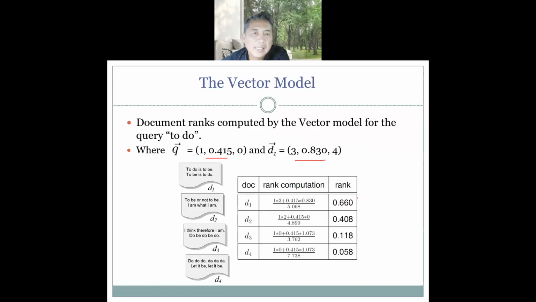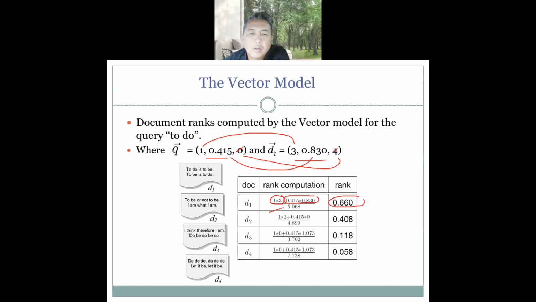So basically 1 times 3, plus this times this, plus this. Notice that we have 1 times 3 and then 0.415 times 0.83. And we don't have to compute this because this is 0.